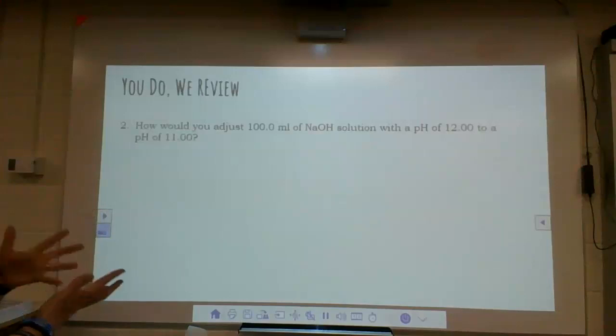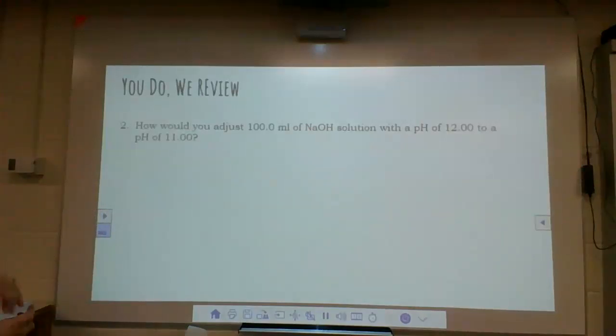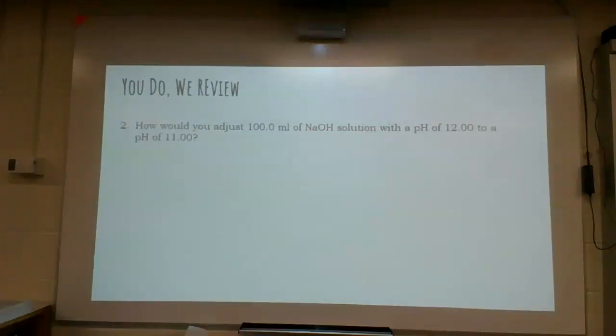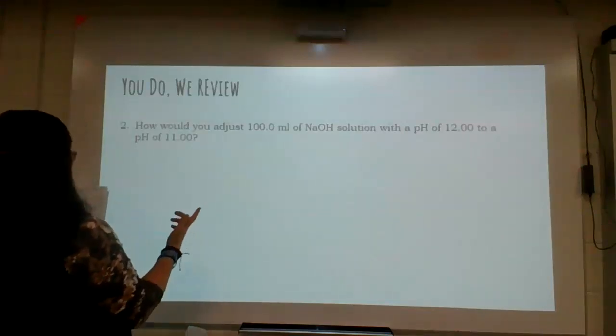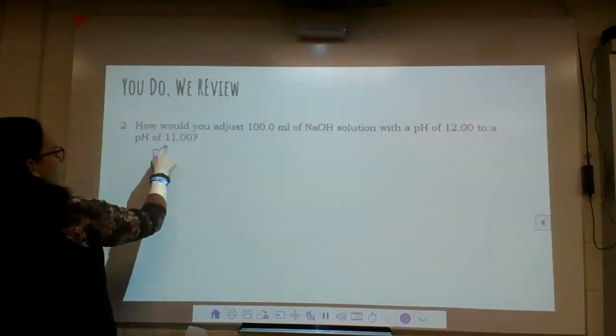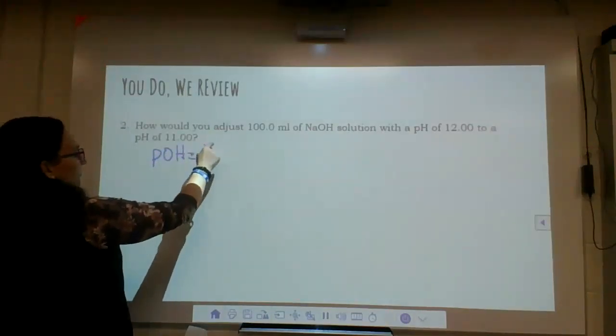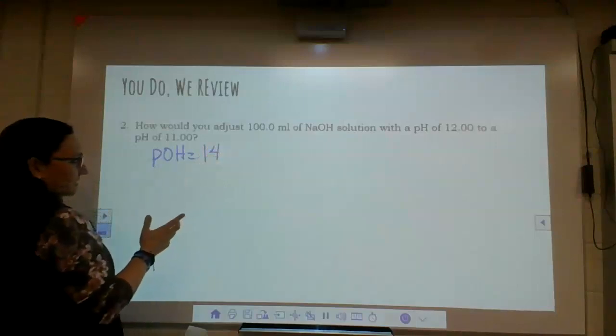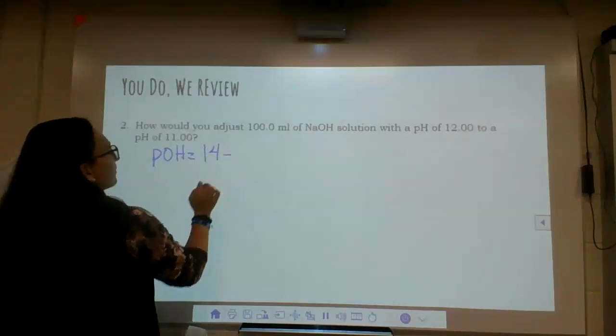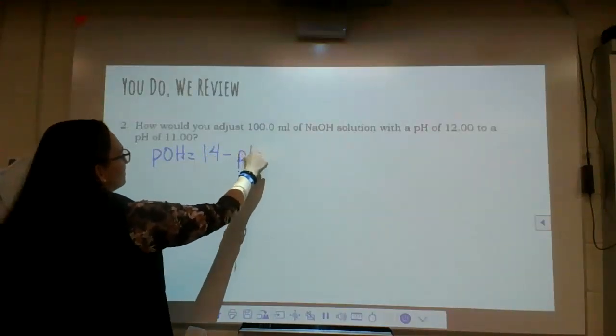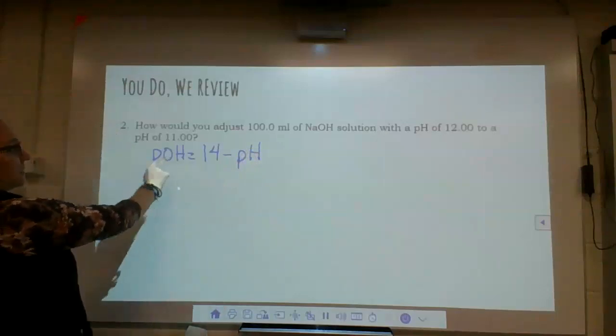So this is the we do. The question asks, how would you adjust 100 milliliters of sodium hydroxide solution with a pH of 12 to a pH of 11? So let me analyze the old solution first. So I'm starting with pOH is equal to my pKW, in this case 14, minus my pH to find my new molarity.